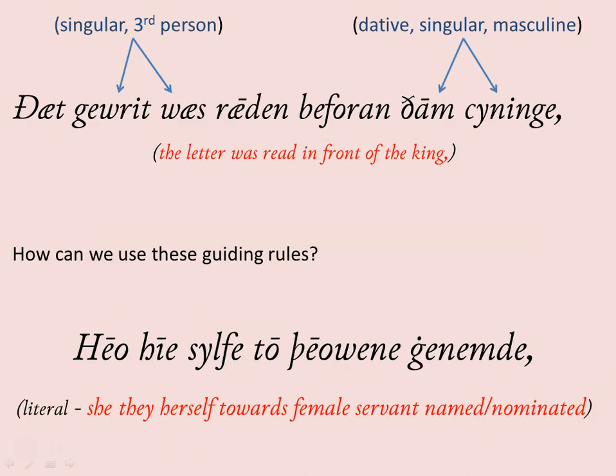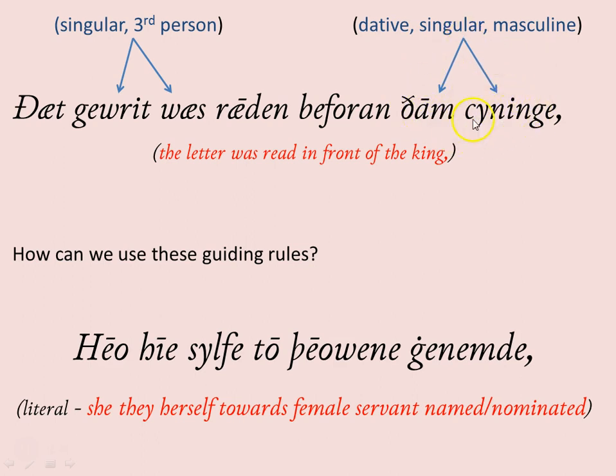Alright, next one. That letter was read in front of the king. Okay, the letter was read in front of the king. And have a look here. Well, there's grammatical agreement here in the dative, singular and masculine. Both words in the dative, singular and masculine.